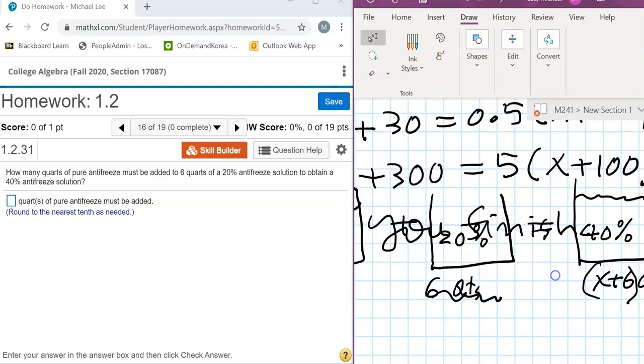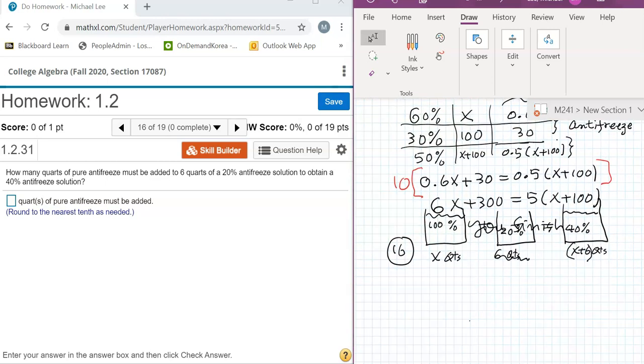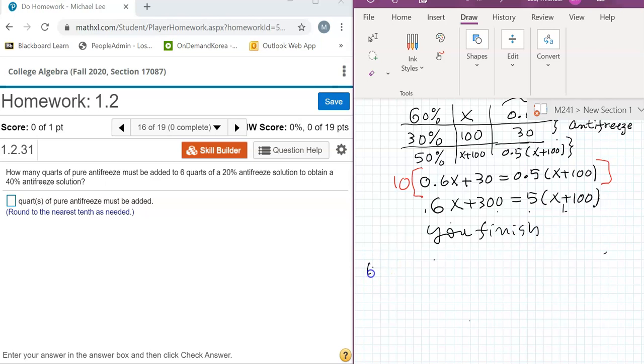Sorry about that. I was going to say this one, you finish it right here. So you finish this, the previous one. Now I'm going to do 16 here.